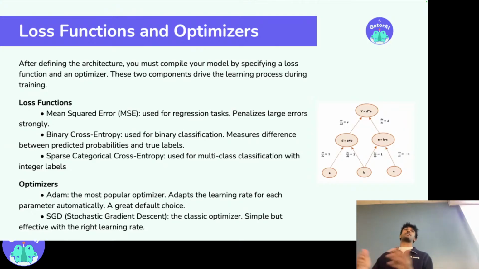So for regression tasks, predicting a continuous value like house prices or temperatures, you use something like mean squared error, for example, and it squares the difference between the prediction and the true value. Will these losses ever be negative, or is it always going to be positive and we're trying to get it towards 0?